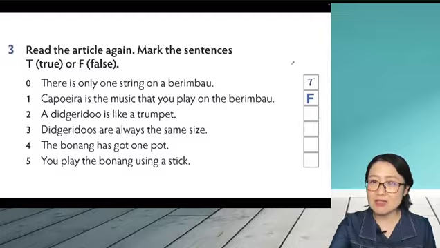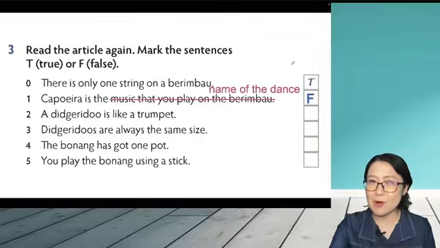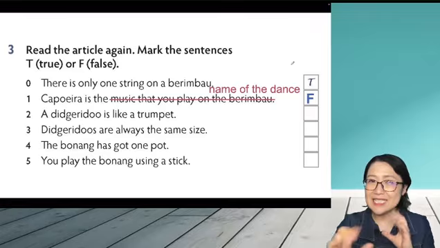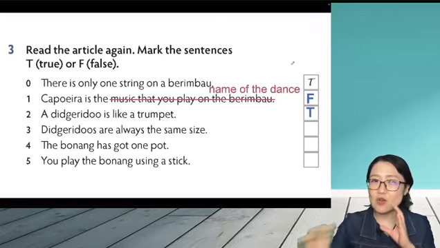So when you dance capoeira, and then you play the berimbau, right? Yes, capoeira is the name of the dance. And let's take a look at number 2. A didgeridoo is like a trumpet. So, a didgeridoo. Didgeridoo 是不是第二个那个乐器，对不对？它像一个什么呢？A trumpet? That's it. Yes, it looks like a trumpet, right?